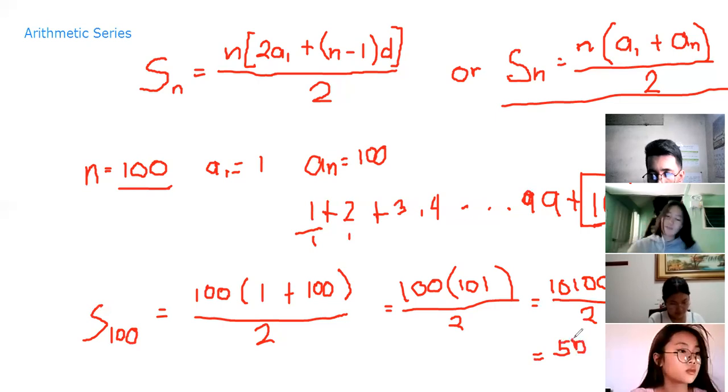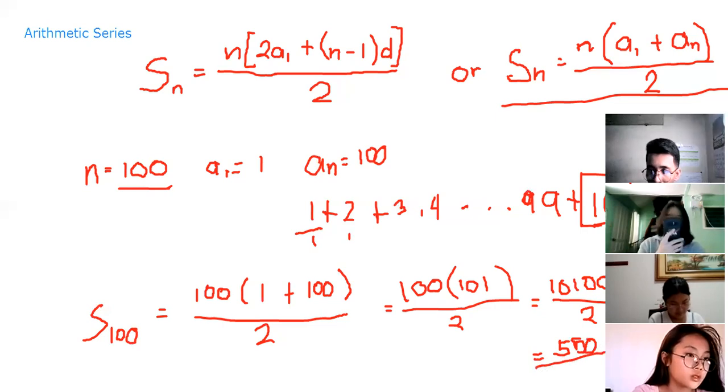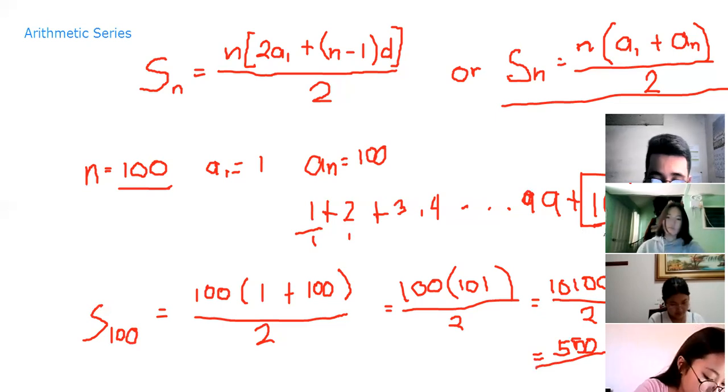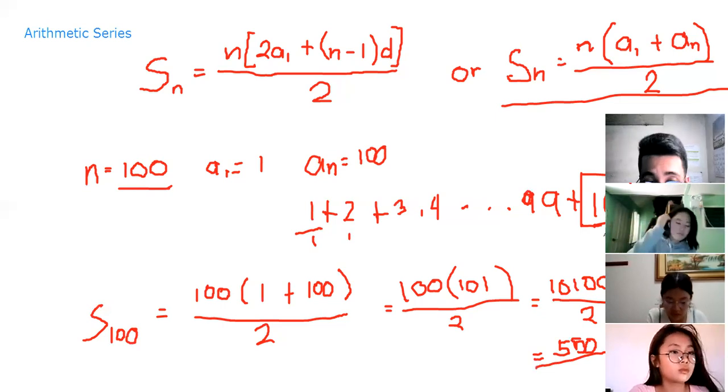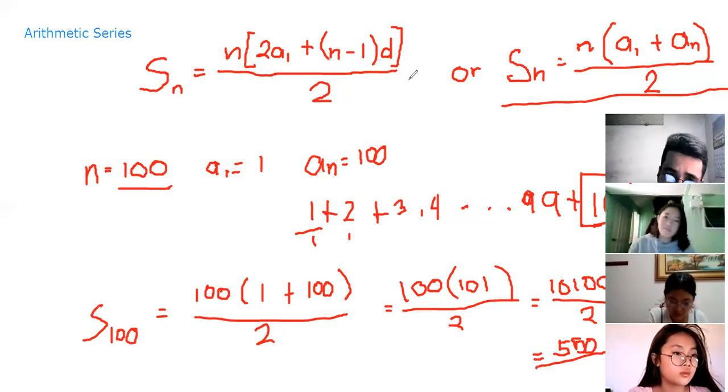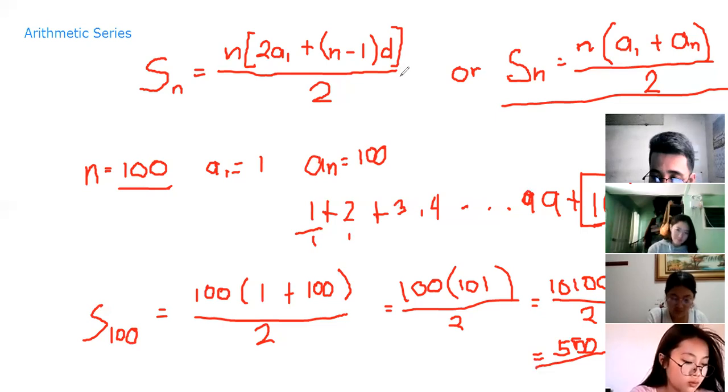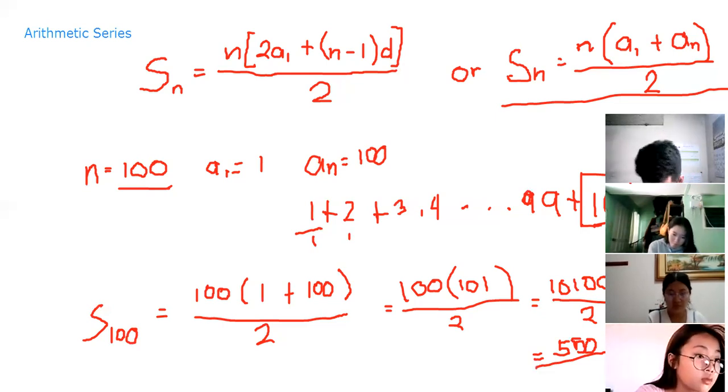So, kapag pinag-plus natin lahat yung number from 1 to 100, 5,050 ang ating magiging sagot. Okay? Dito, mas madali na siyang computin kapag nakikita natin ang value ng last term, kaysa dito sa nakikita lang natin ay ang common difference. Okay? So, take a screenshot.